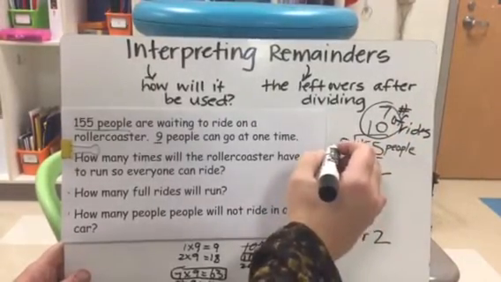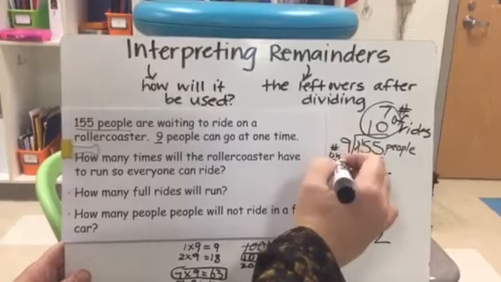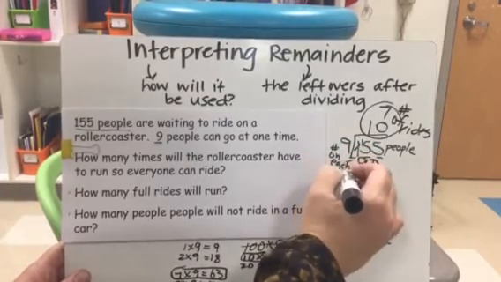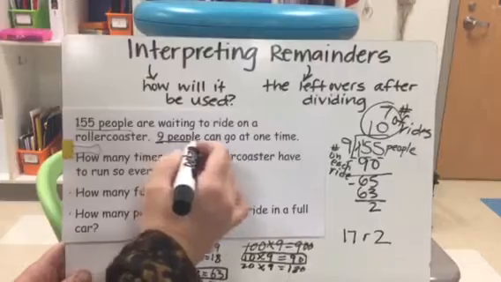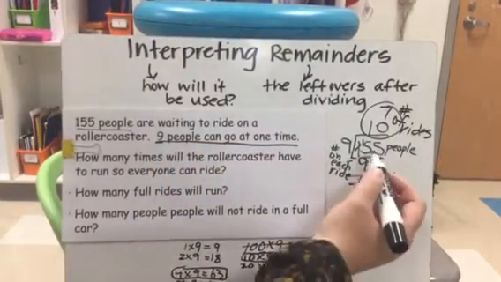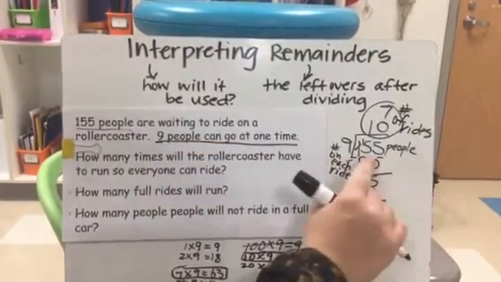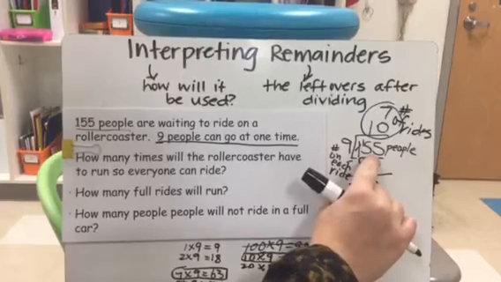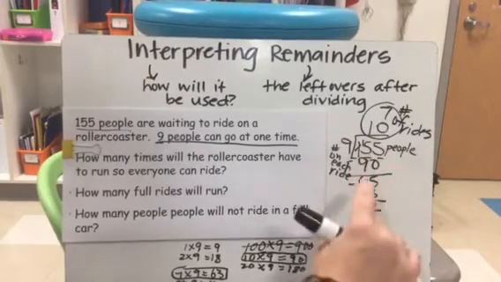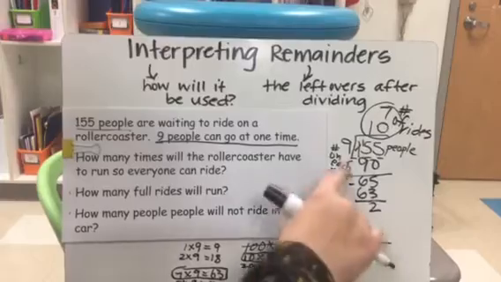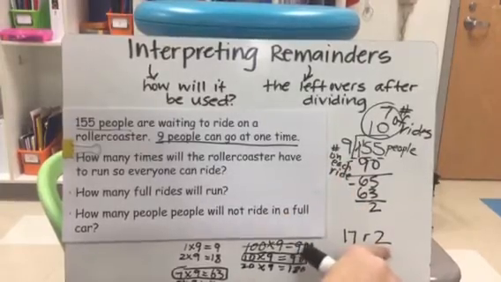The 9 is the number on each ride, because it said 9 people can go at a time, and the 155 was the total number of people. So 155 people were divided into 17 groups of 9, and there were 2 people remaining.